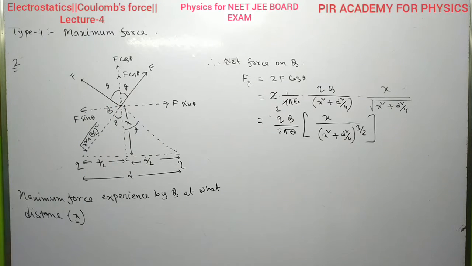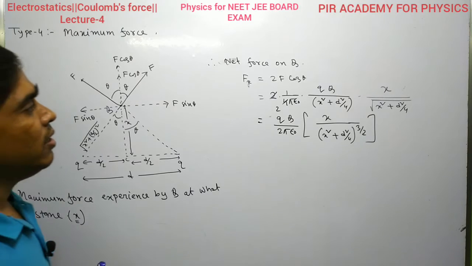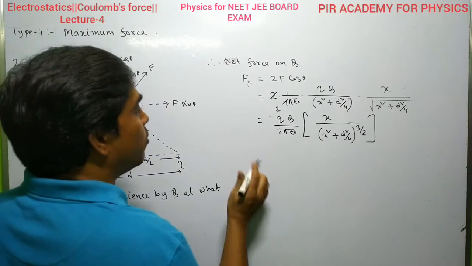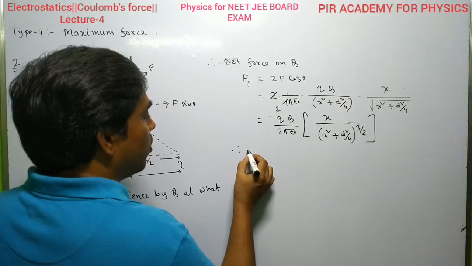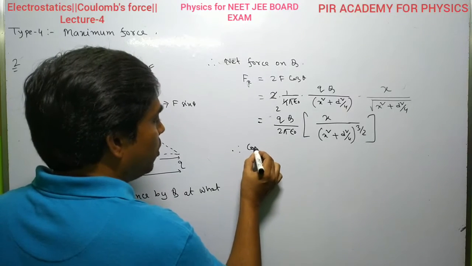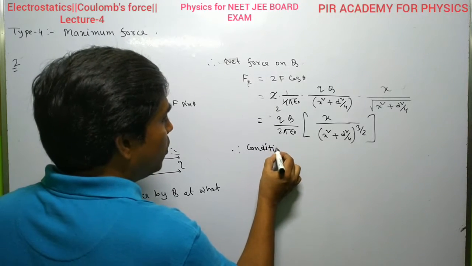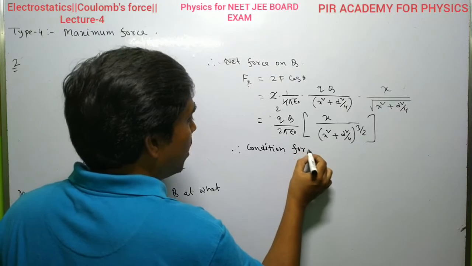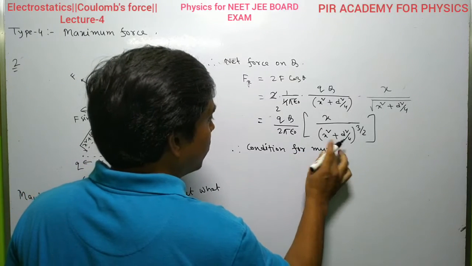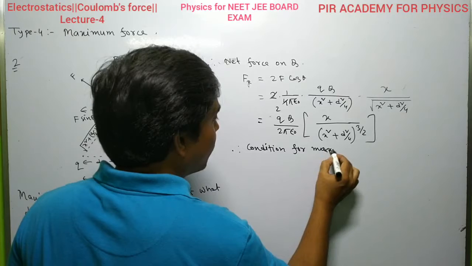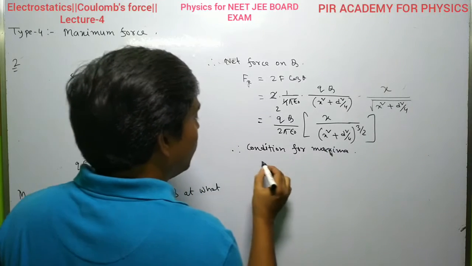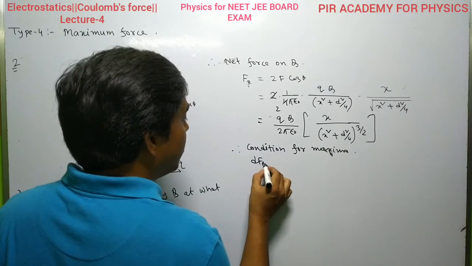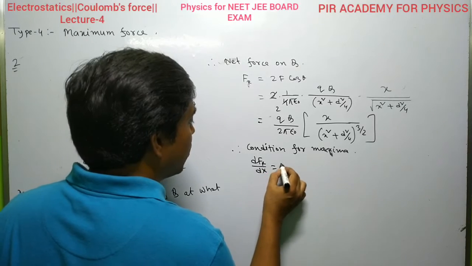So the condition for maximum force, the condition for maxima, will be dF resultant divided by dx must be 0.